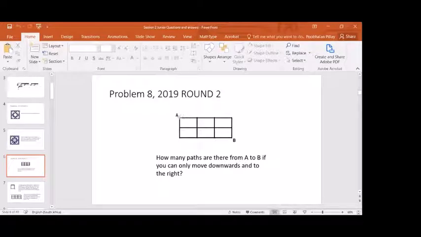So for instance, I can go like that and down like this, to the right and downwards. In other words, I can take the shortest possible route. I don't go backwards. Okay, so you can take that kind of a path, or you can take any other path. There are quite a few of them. So the question is, how many altogether, how many such paths are there?